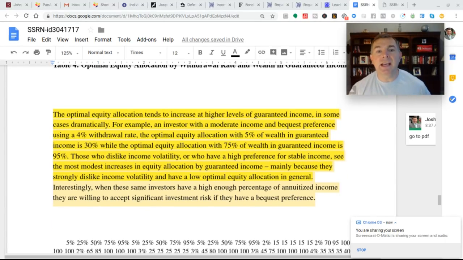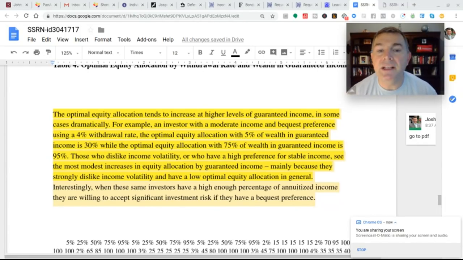Those who dislike income volatility or have a high preference for stable income see the most modest increases in equity allocation by guaranteed income, mainly because they strongly dislike income volatility. So again, the more you want stable income, the less you're going to change from your stock-bond allocation.